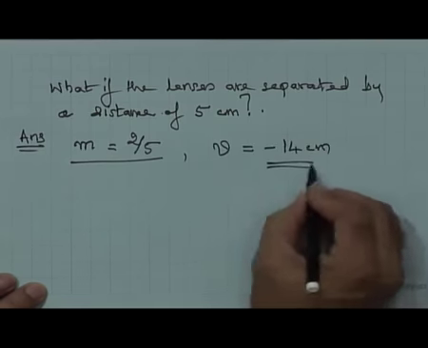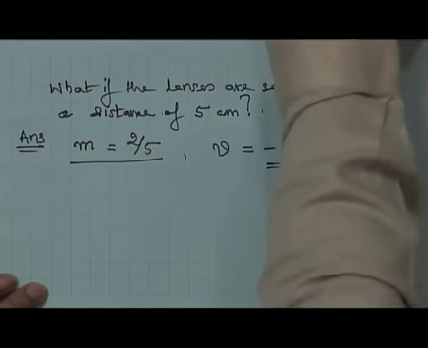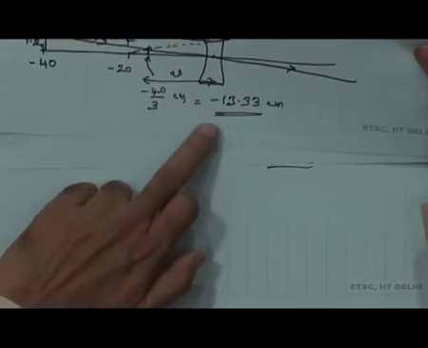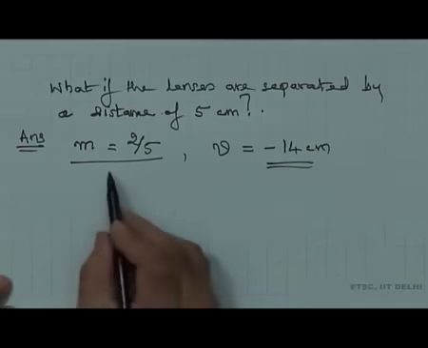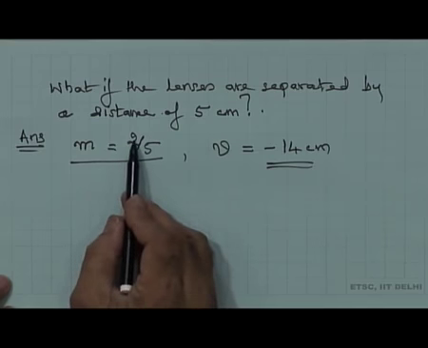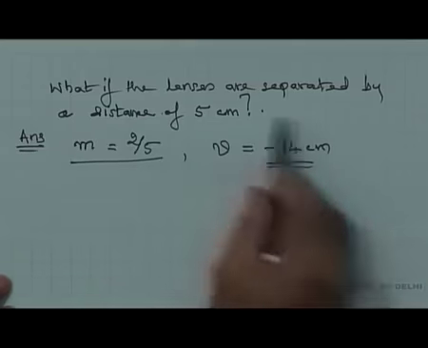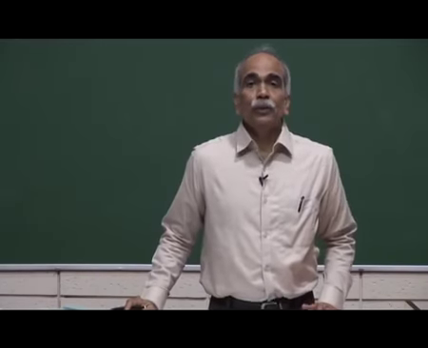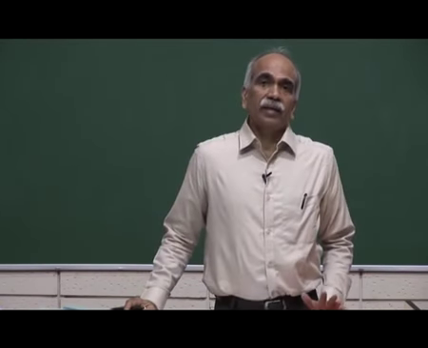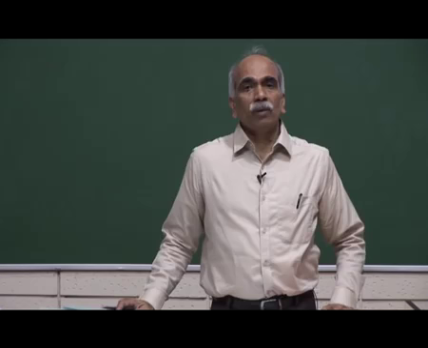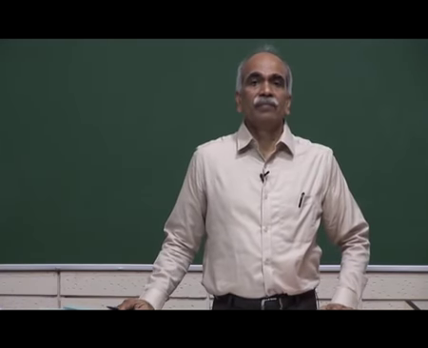In our problem it was minus 13.33. Now it slightly changed. So, I would encourage you to work this out and work out more problems to get a better feel. Thank you.